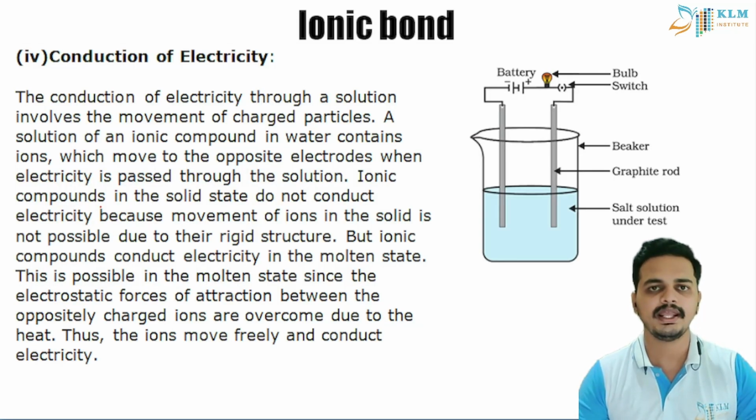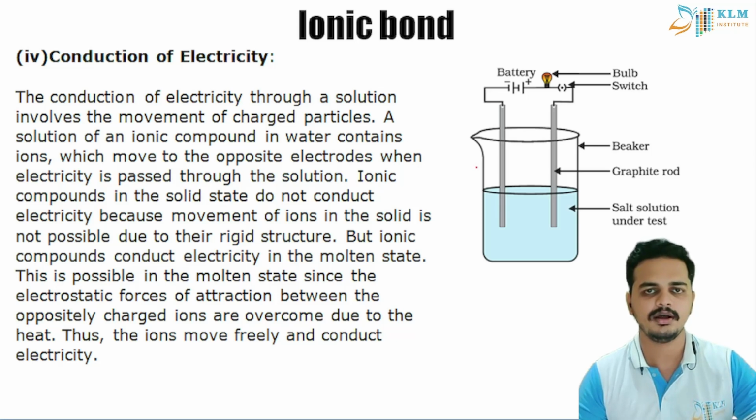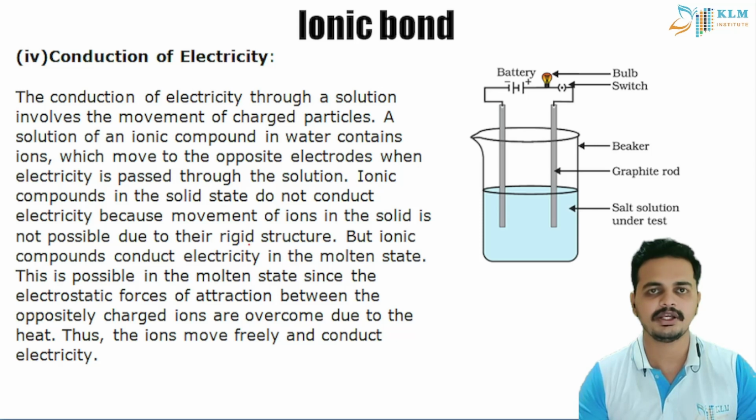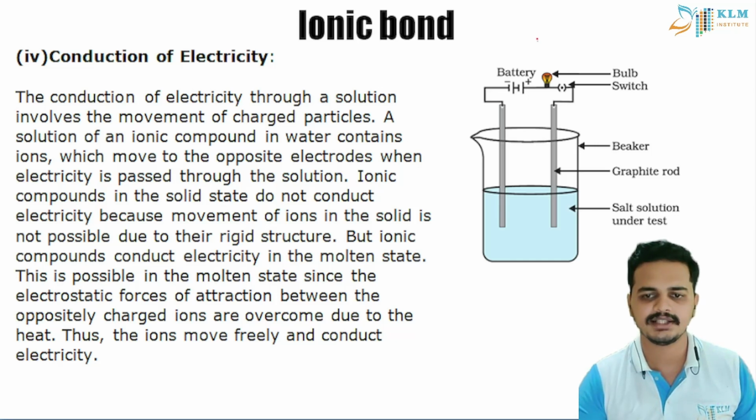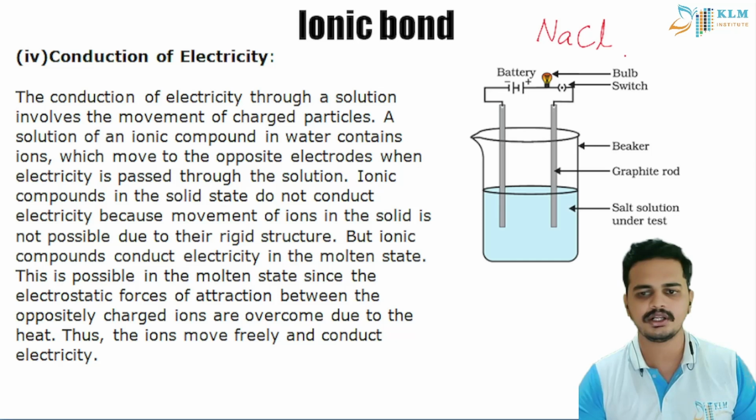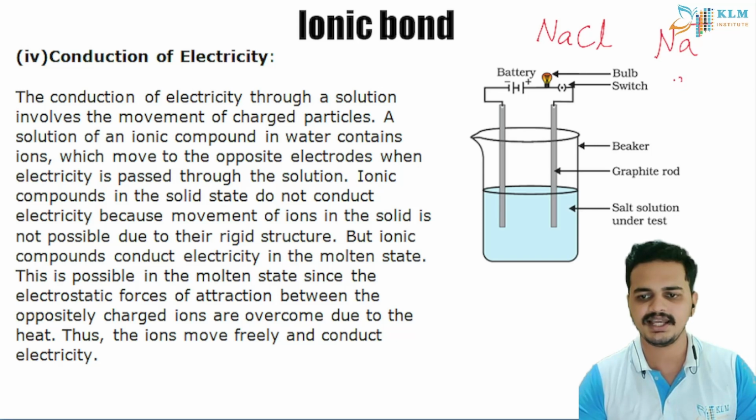One more very important property of ionic compounds is that we already know they are soluble in water. You can add a salt and make a salt solution very easily. Also, because they have ions in them, for example Cl-, NaCl is a neutral compound, but when you add it to water, it breaks down again into Na+ and Cl-.